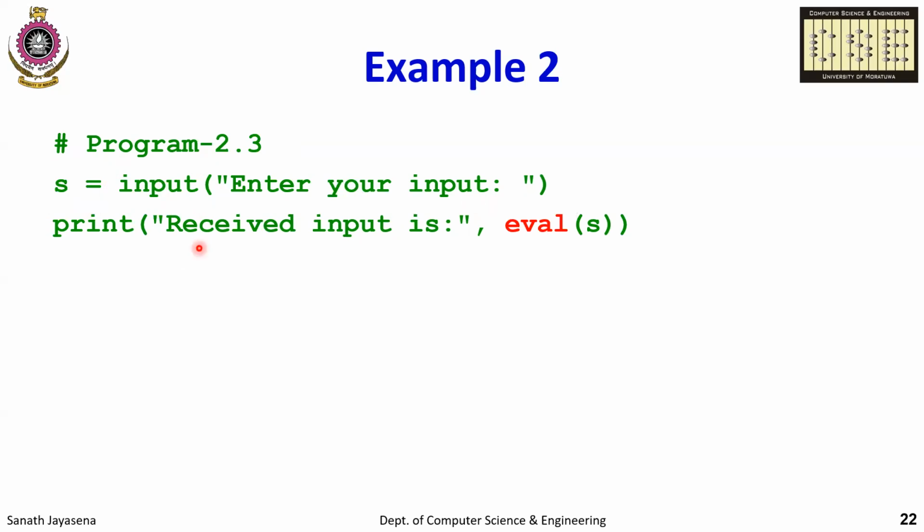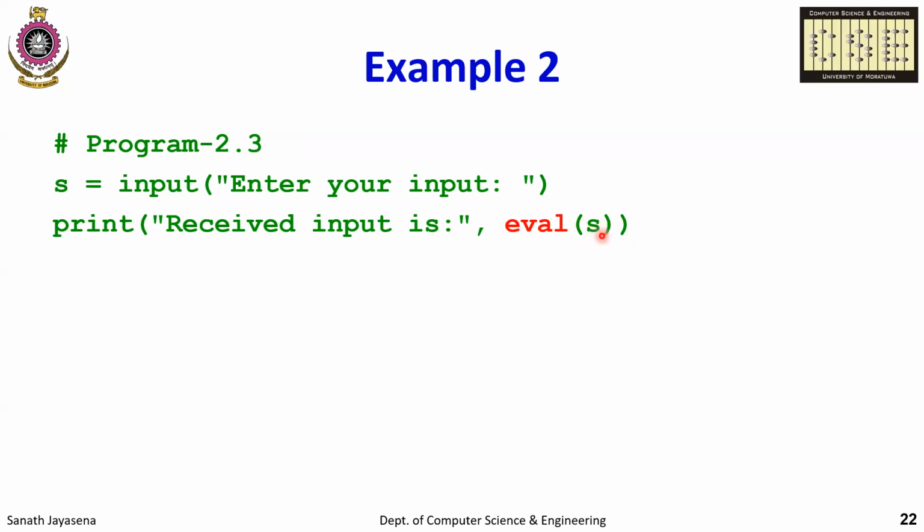And now this time, in this example, we are displaying "received input is:", and this eval is a built-in function. It evaluates the string S. That result is what is displayed here. Inside this print function call, we have another function call. That means the eval function has been called with S as the input argument.